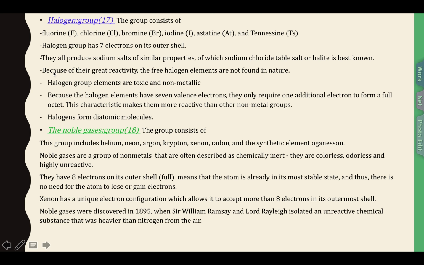Because of their great reactivity, the free halogen elements are not found in nature. Halogen elements are toxic and non-metallic.